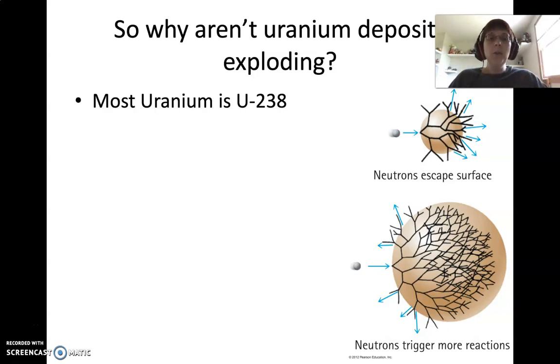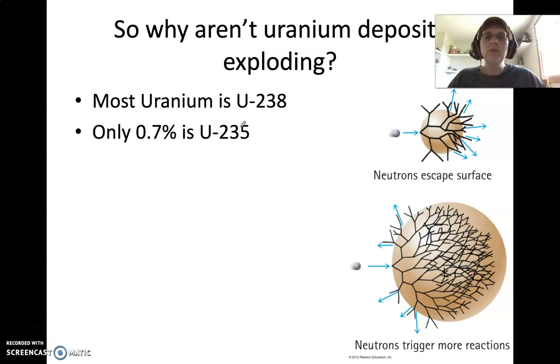Well, there are a couple of reasons, and the big one is that most uranium is actually not uranium-235, the one that is highly fissionable, meaning that it really splits easily. So most uranium is uranium-238. Only a fraction of a percent is uranium-235. So less than 1%, 0.7% is uranium-235. And they're mixed together. So uranium-235 and uranium-238 are mixed together in these deposits.